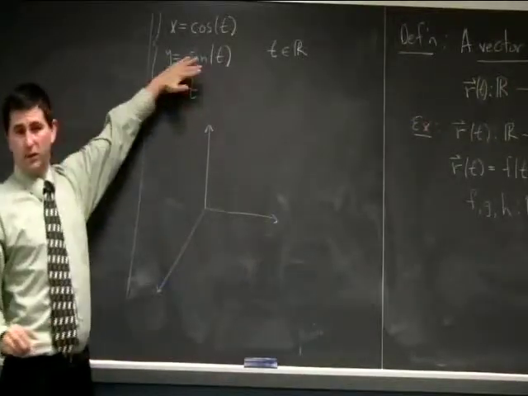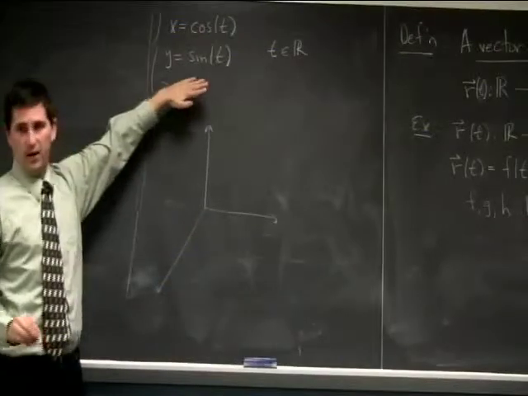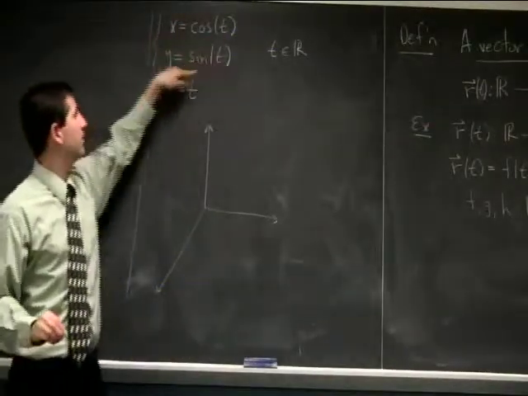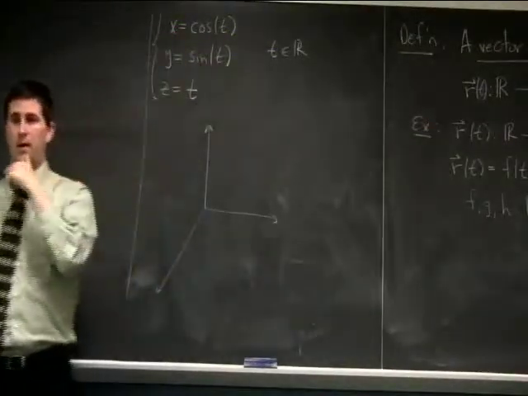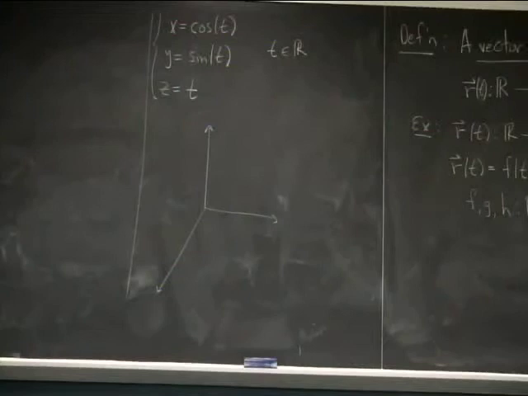Well, if you forget the z equals t business, that's basically if you just project onto the xy plane, what is this graph going to be? x equals cosine, y equals sine. Those of you in complex analysis have an unfair advantage here. Yeah, it's the circle, right?